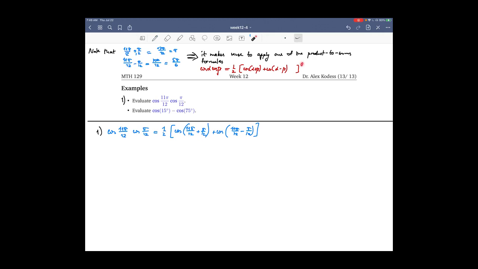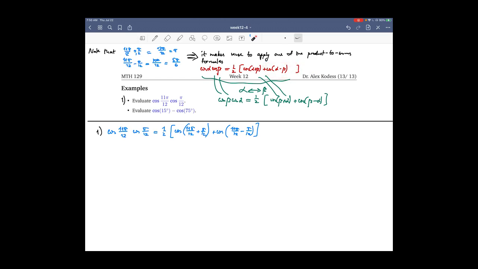Note, by the way, that this formula is symmetric in the sense that if you were to flip alpha and beta and write this as cosine beta cosine alpha, this would be 1/2 cosine beta plus alpha plus cosine beta minus alpha. And of course, this and this are equal, and this and this are equal. The question is, why are this and this equal?